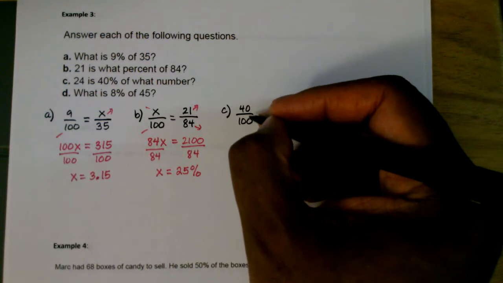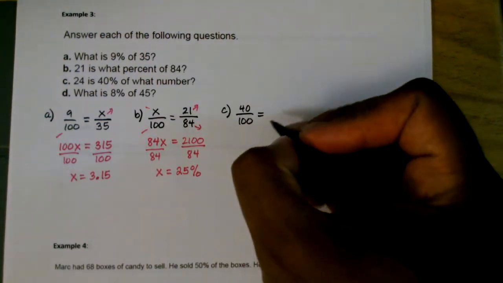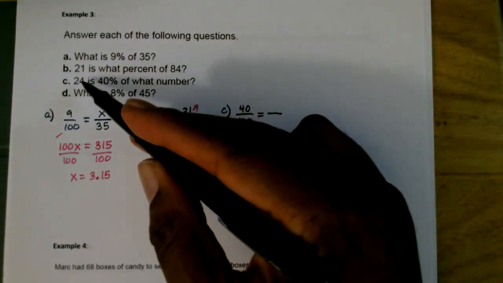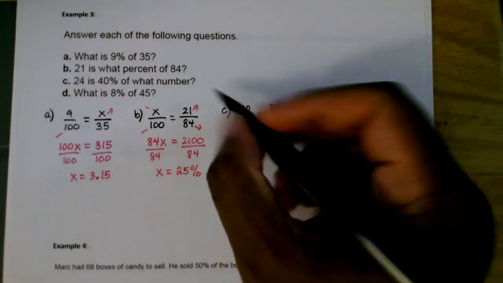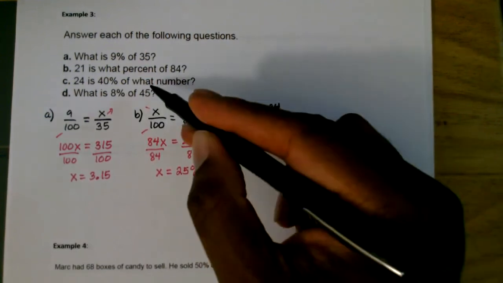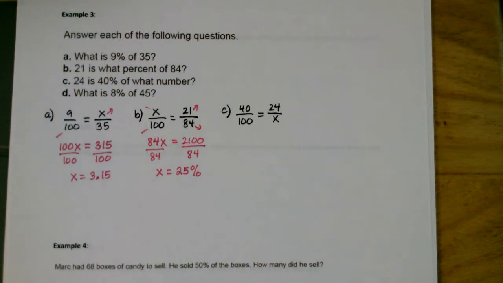So 40 over 100 is equal to, now, the 24 is next to the word is. That would be your numerator. This time we're looking for of what number? We're looking for the number that's after the word of. That must be x. That goes in the denominator. And now we have 40 over 100 is equal to 24 over x.